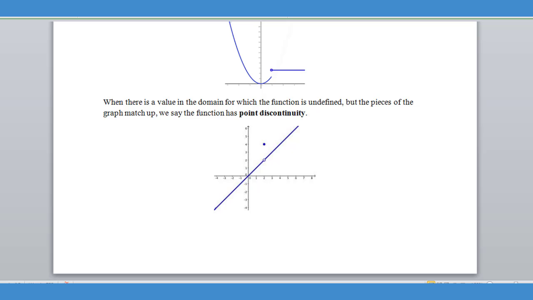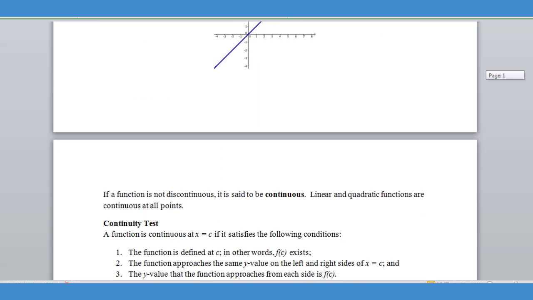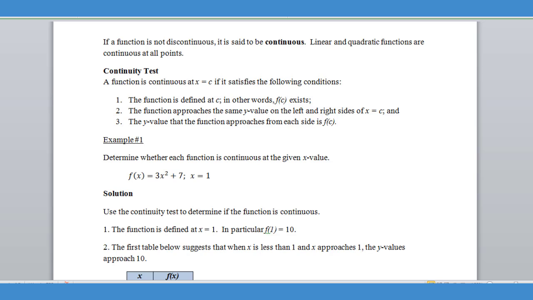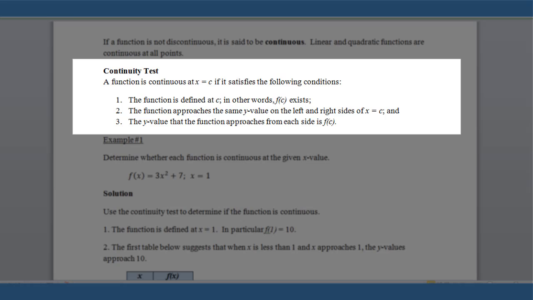Now, the tricky part is how to figure out if a graph is continuous or not mathematically. We've shown in previous lessons that we can visually determine a lot of these things, like symmetry and in this case continuity, but visual is not always proof enough. We need mathematical tests for these conditions of continuity.